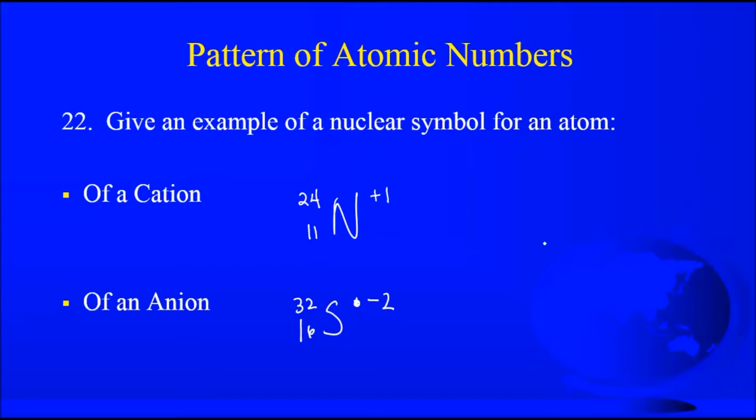And then, of course, if you have a simple old neutral atom, it would be something like this, sulfur 32, 16.